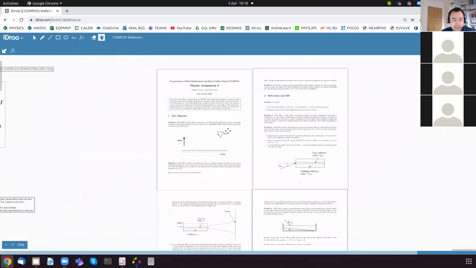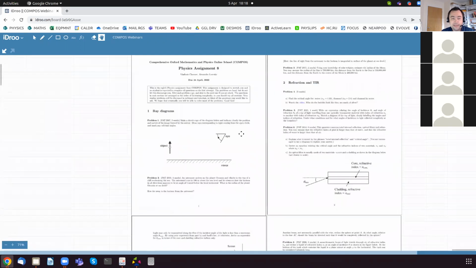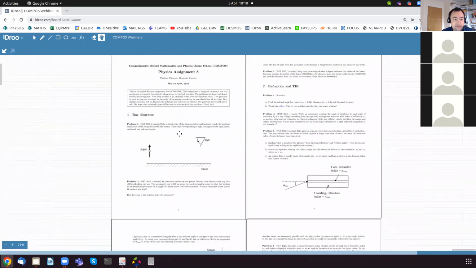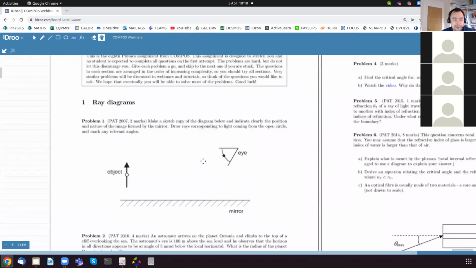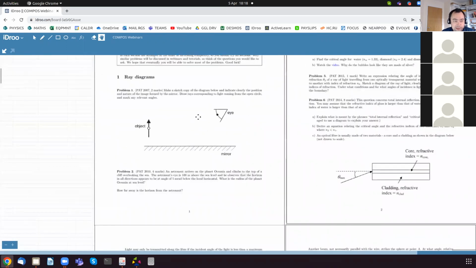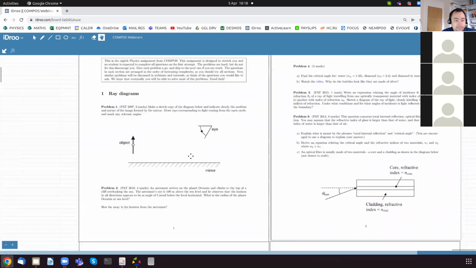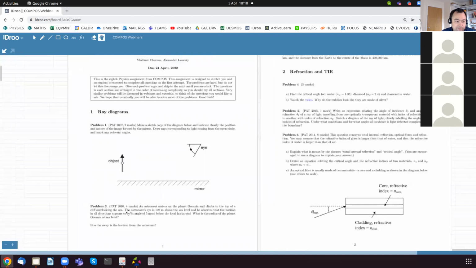Some of these questions might become examples, and I can add some more questions, but overall, this is pretty much it. It's all to do with geometric optics. So ray diagrams where you need to build the reflection of the object. It's not a difficult one.